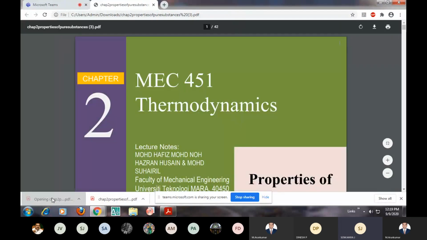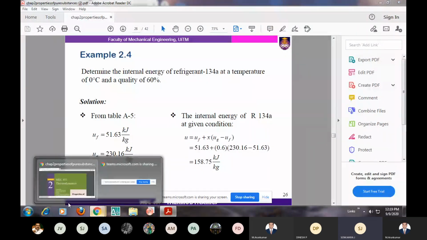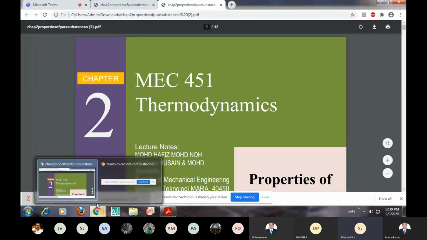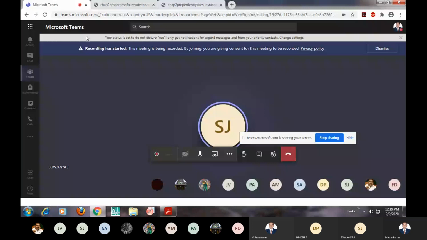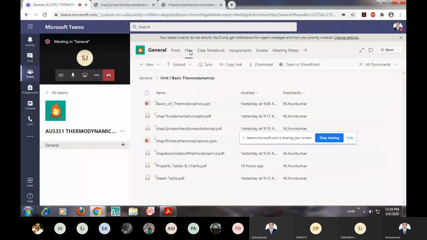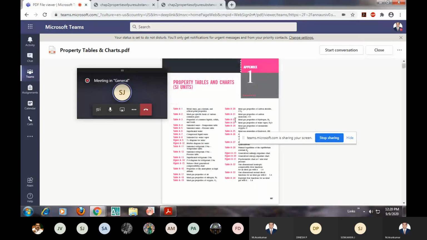Sir, we have to use table A5 or the refrigerant table, sir? If you look at the property tables and charts, the refrigerant R134A table is table A11. Okay, sir.